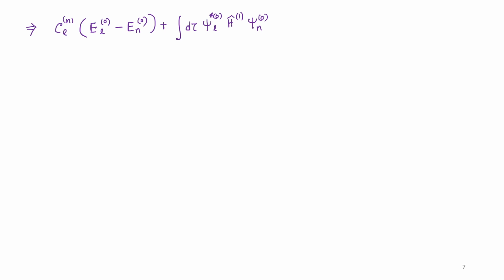Yes, the third term I have already taken inside the first, and here we have En1 integral d tau psi L 0th star psi n 0th. Okay, we have this condition.